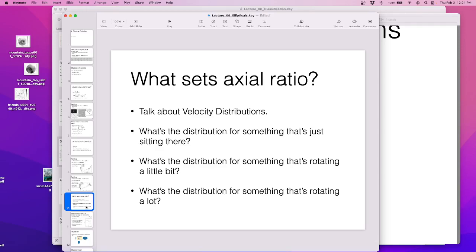If my object is just sitting there and all of my particles are rattling around in some kind of circular orbits, then my Vx velocity will be the same as my Vz velocity. I'll have something that's basically round. So Vx will look like that, and Vz will look the same.